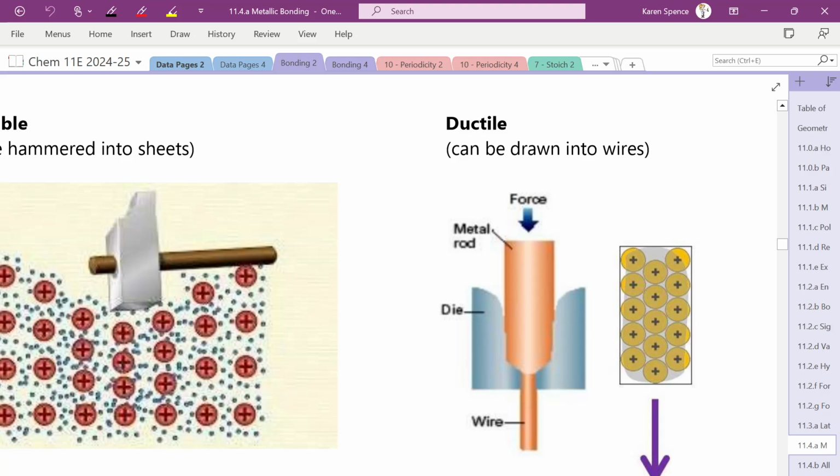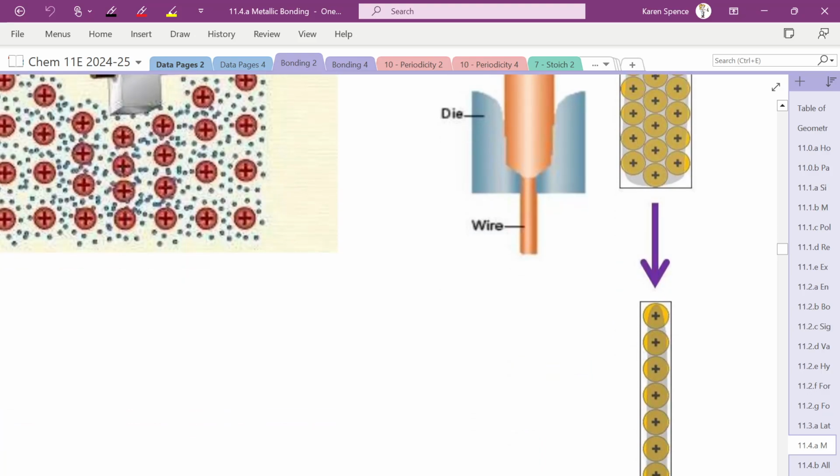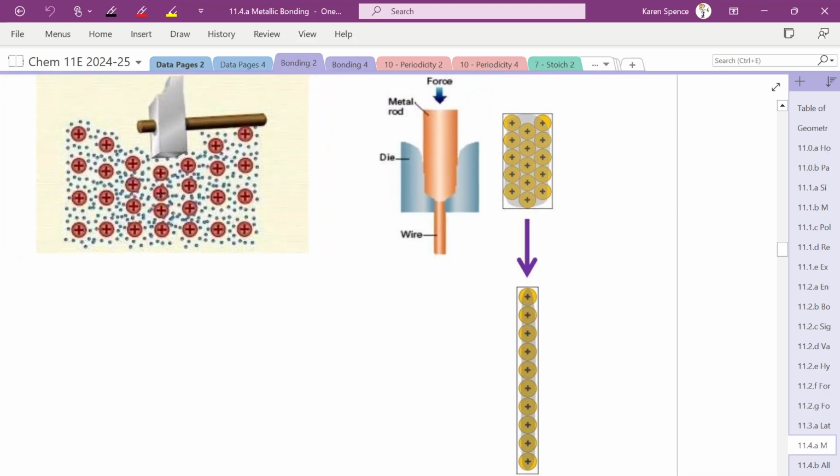So if you push on this metal rod and it goes through a large hole, it can actually get squeezed out into a smaller hole, and you can see that happen like that. Like this will get squashed out into a single stream of the cations. Well, probably not a single row, but less.